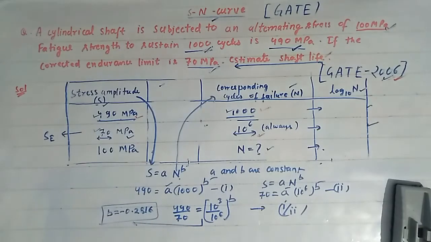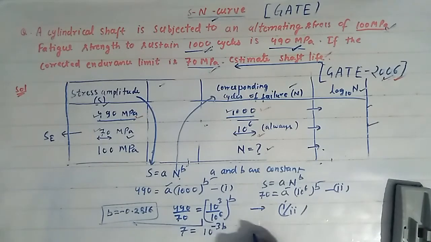The value of B is calculated as follows. Dividing 490 by 70, we get 7, which is equal to 10 raised to power minus 3B.